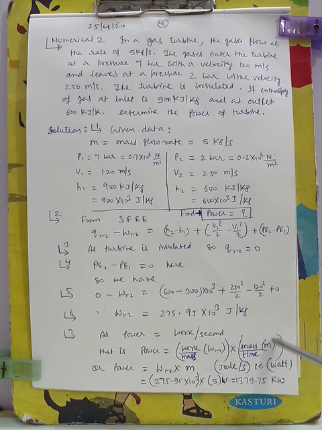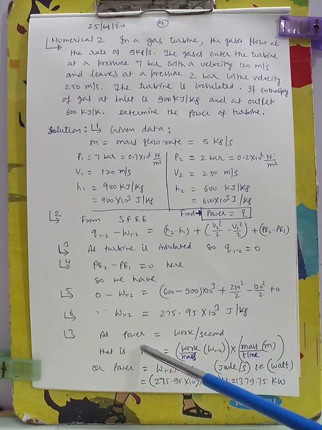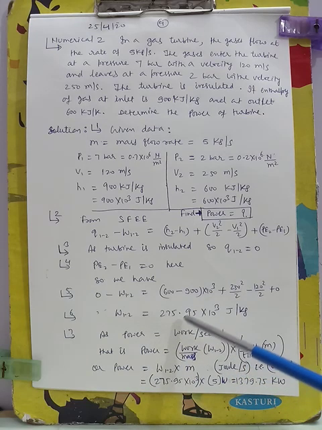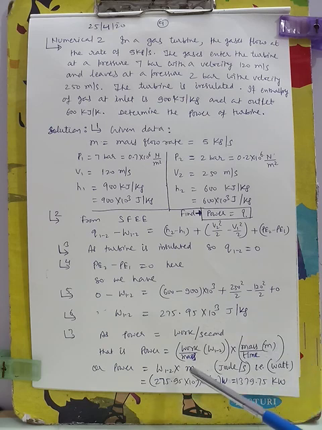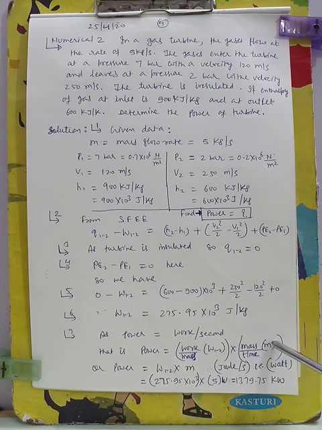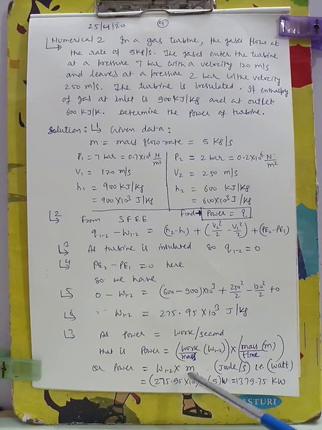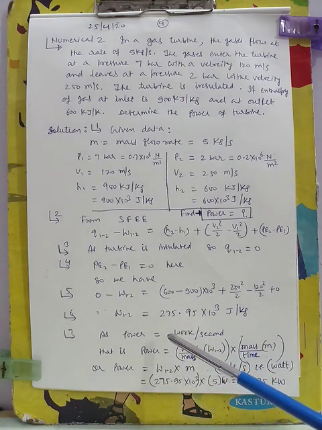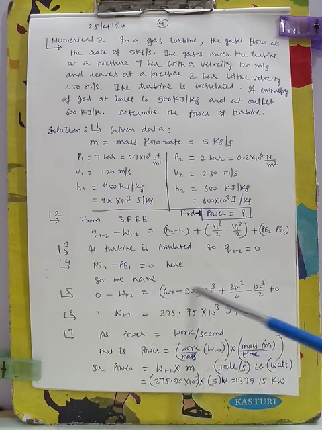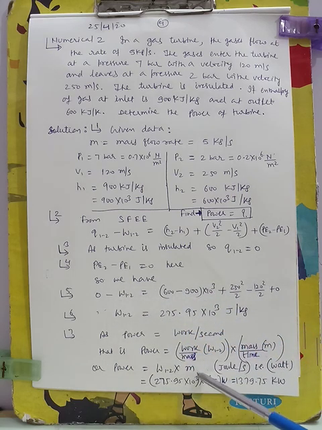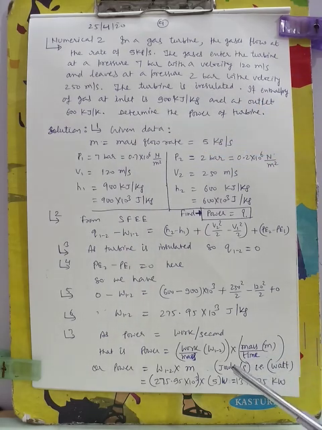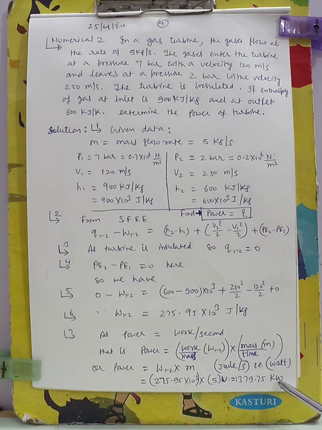That is the rate of doing work. We need power. What is power? Rate of doing work, work per unit time, work per second. So we get this when we multiply W12 with the rate of flow of mass. W12 we have found from the steady flow energy equation, and this m is already given in the numerical data. So W12 into m is in joule per second, that is watt.